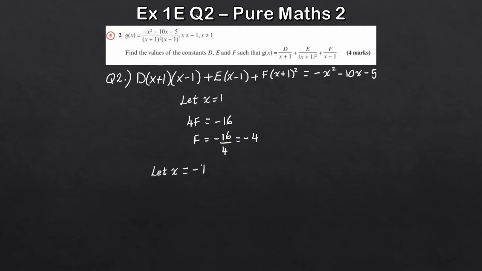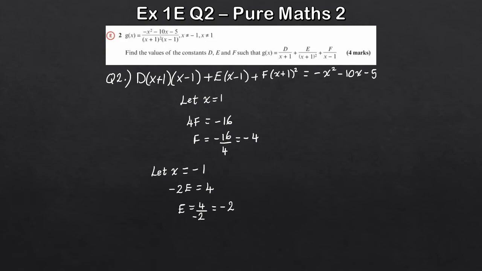So x is minus 1, we get minus 1 minus 1, so that's minus 2, so we get minus 2e is equal now to plug minus 1 into this whole expression here, and you get 4. So if minus 2e is equal to 4, then e is 4 divided by minus 2 to give us minus 2 there. Okay.